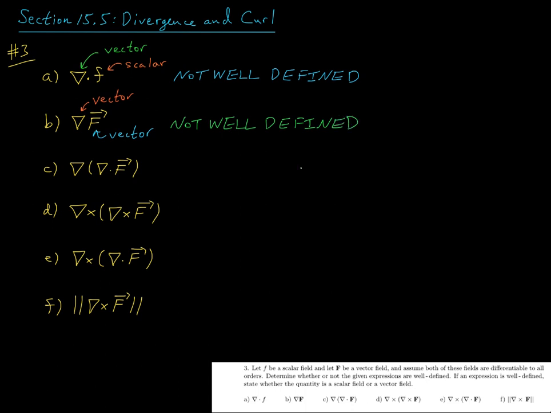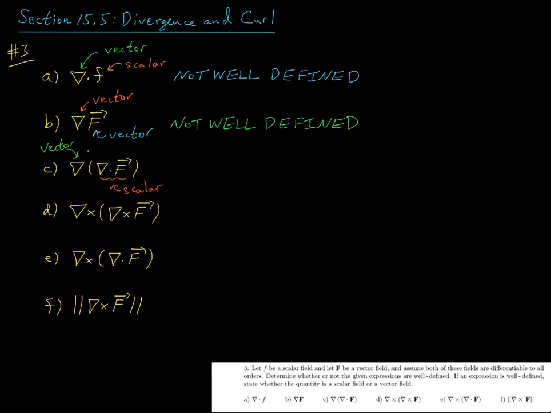How about part C? We have del of del dot F. Now, del dot F, this is the divergence of the vector field F. This produces a scalar field. And then does it make sense to take a scalar field and multiply it with this vector del? And here the answer is yes. This would really just be the gradient of this scalar field.